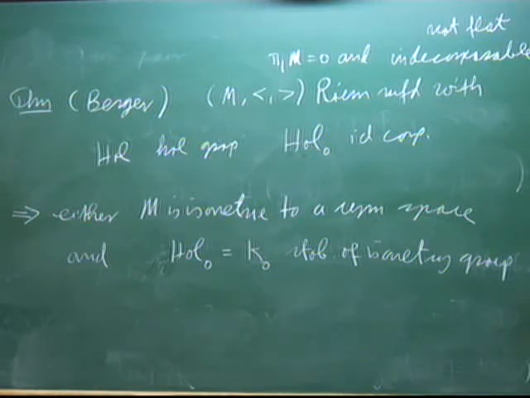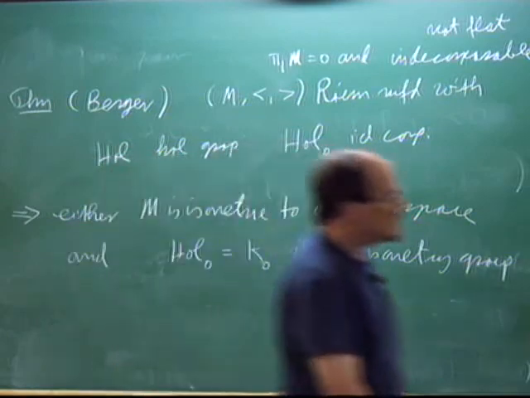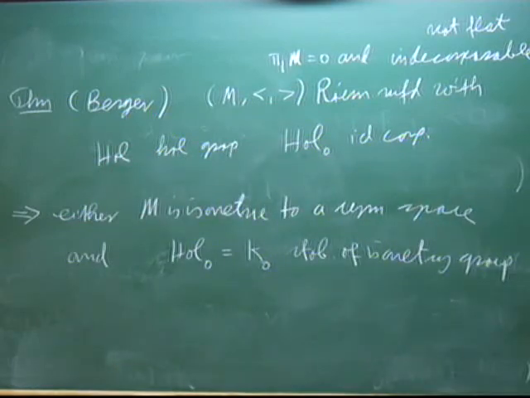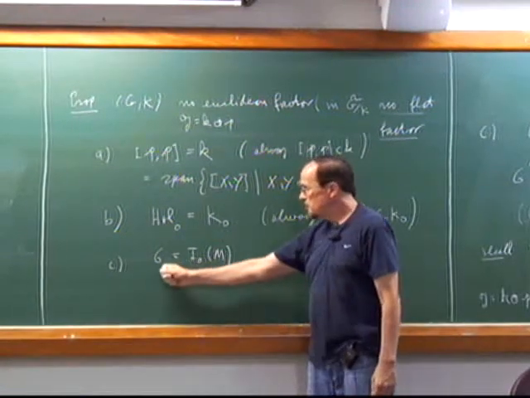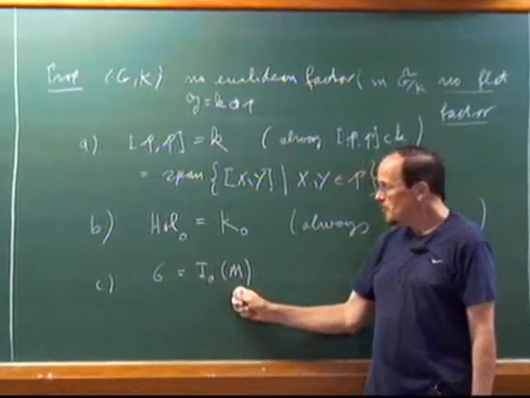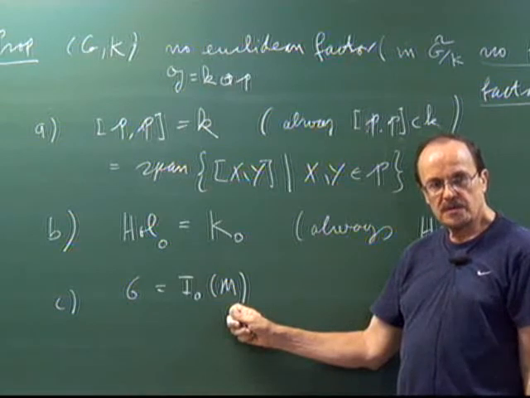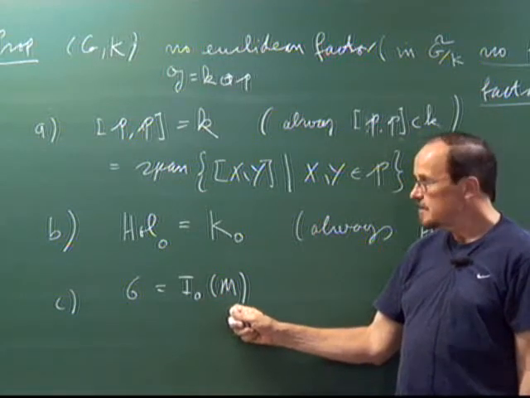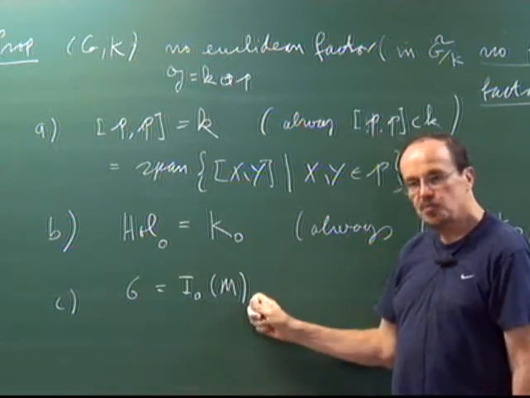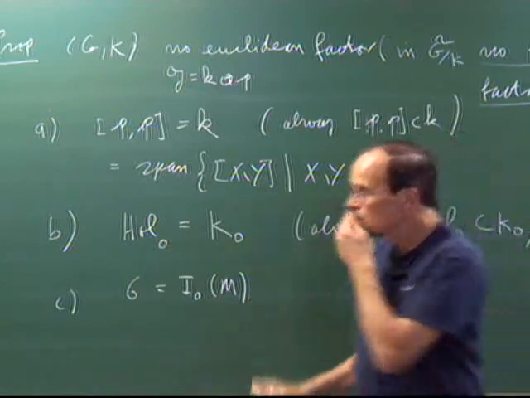Okay, so either it's a symmetric space, and then by this theorem over there, Hol 0 must be K0 of the symmetric pair, and since G is identical with the isometry group, K0 is also just the identity component of all isometries fixing the point, the stabilizer. And I'm combining both B and C for a symmetric space.